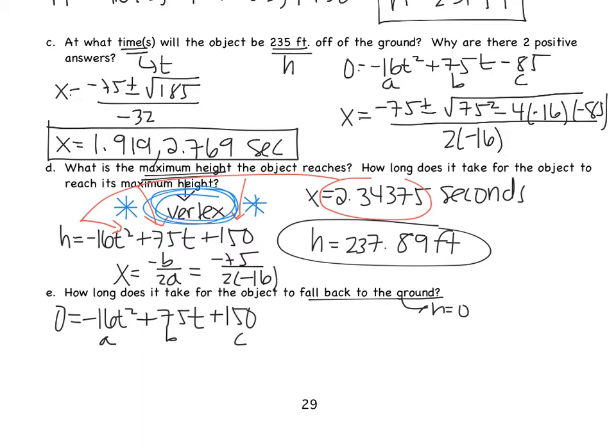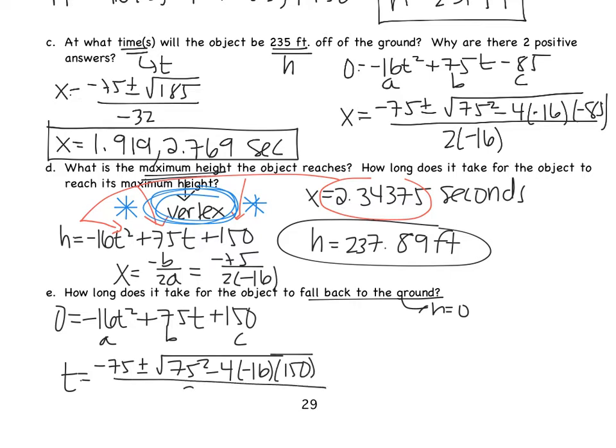So we're not going to get the same answers, though, that we got in part C, because in part C we were looking for 235 feet off the ground, not ground level, so not h equals 0. So again, if we do the quadratic formula, we get opposite of b, so negative 75, plus or minus the square root of b squared minus 4 times a times c, all over 2a.